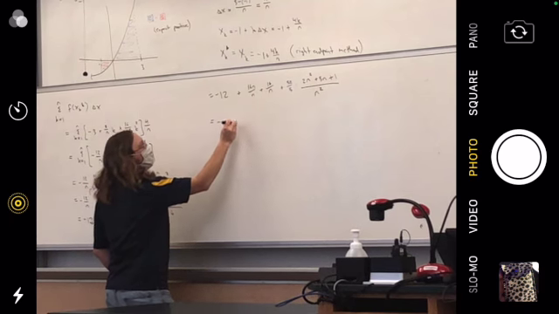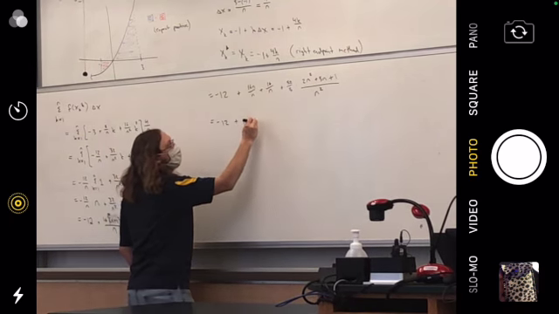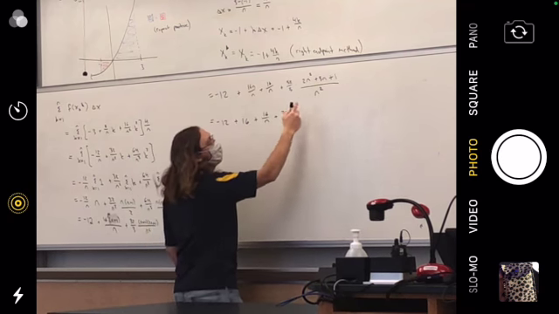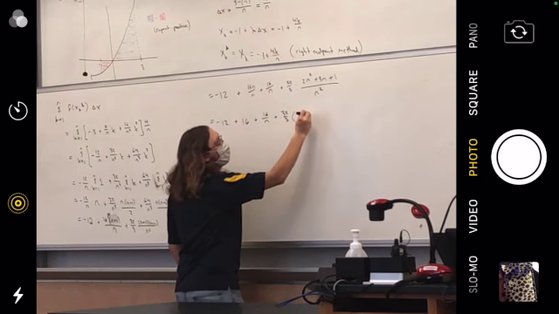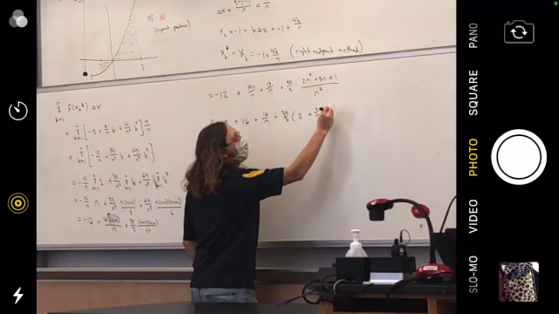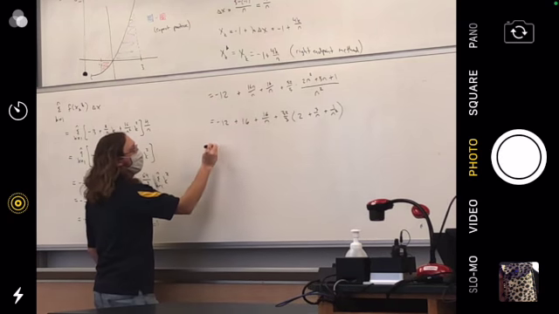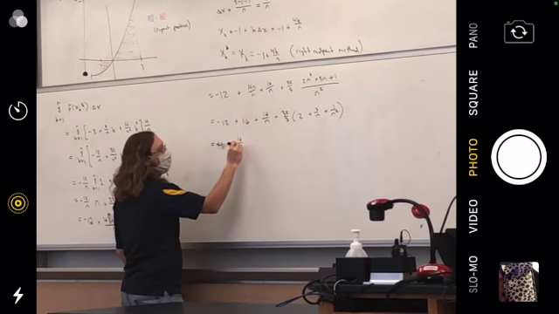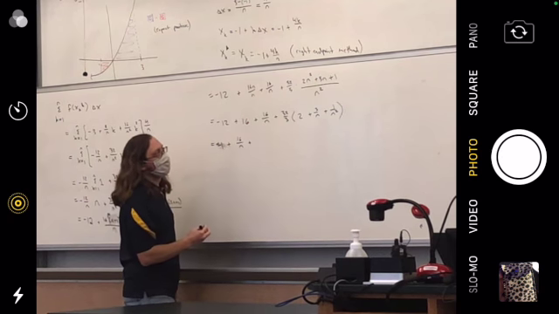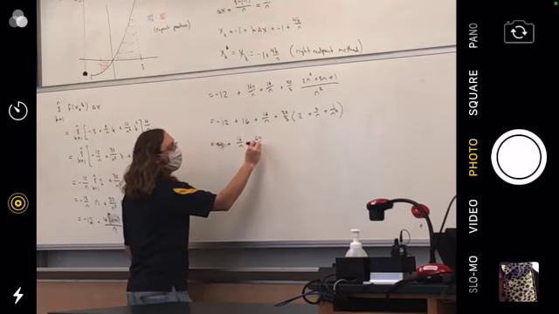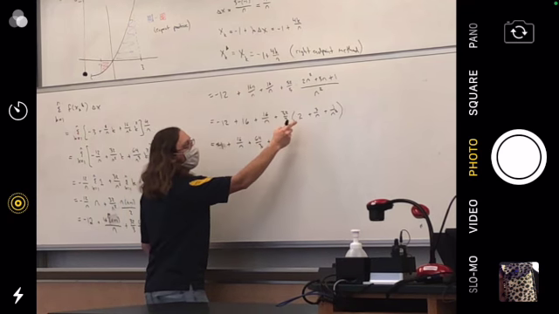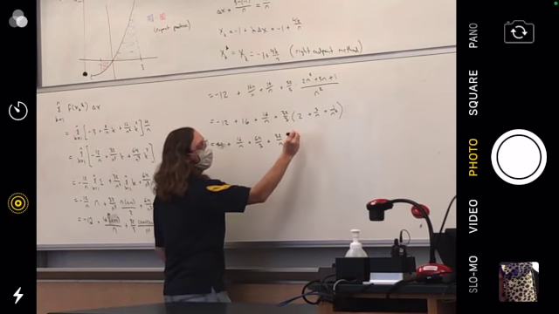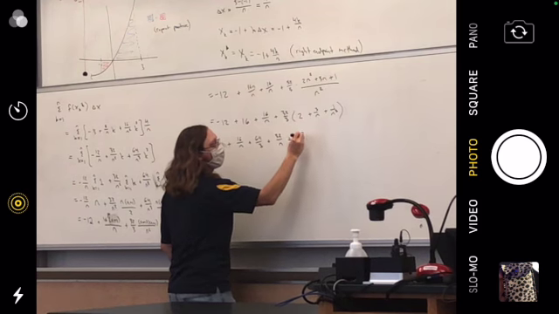So negative 12 plus 16 plus 16 over n plus 32 over 3 times 2 plus 3 over n plus 1 over n squared. So negative 12 plus 16 is 4. 64 over 3. The 3's cancel out, so 32 over n plus 32 over 3n squared.